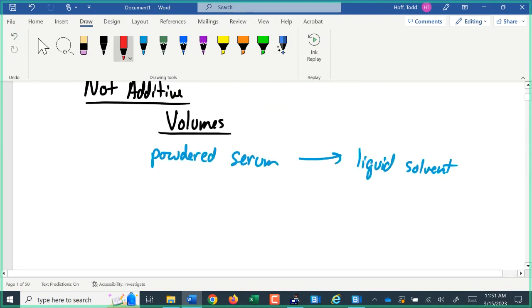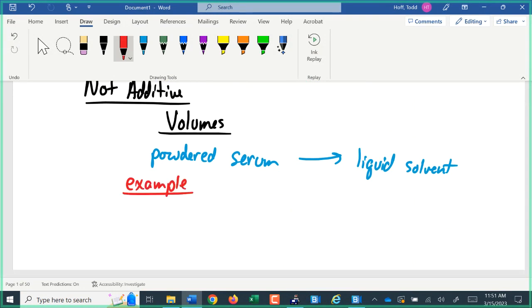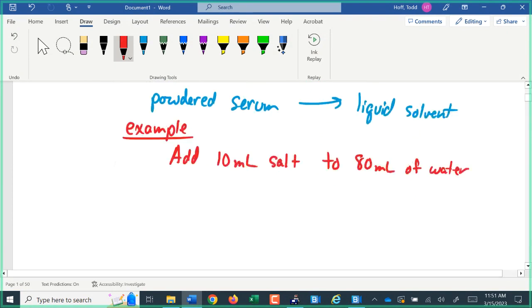For example, if I were to add 10 milliliters of salt to 80 milliliters of water, your instinct would be to say, well, that's going to end up with 90 milliliters of salt water.